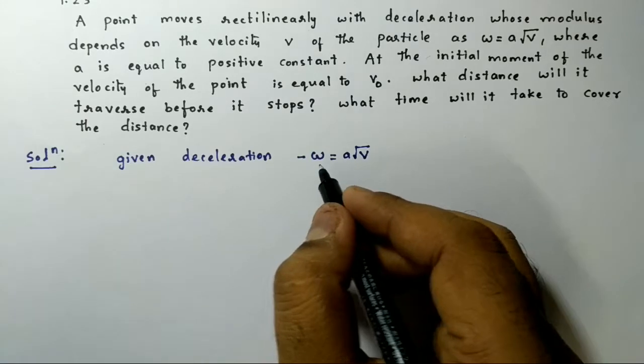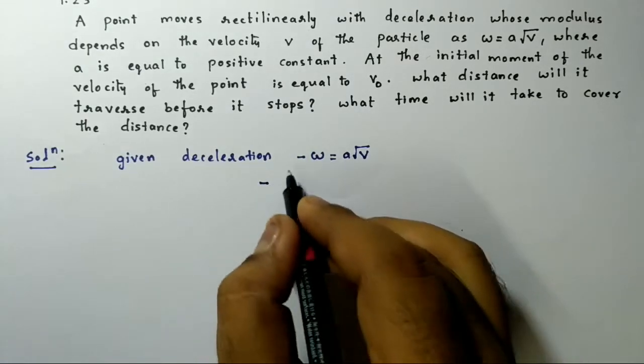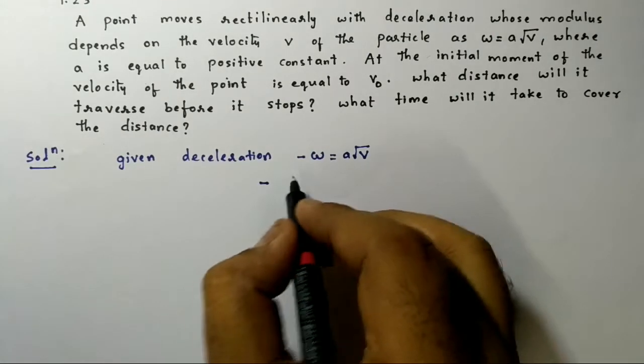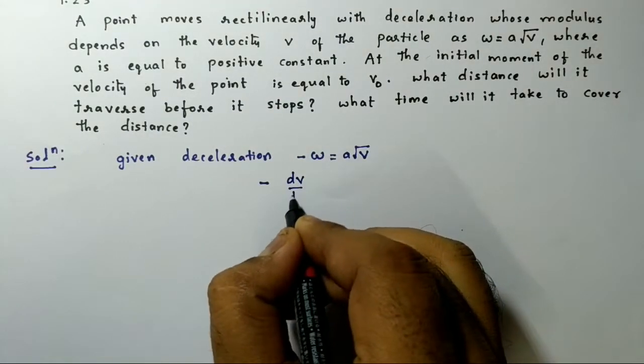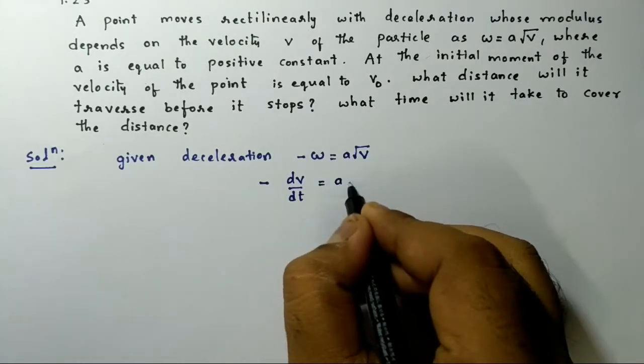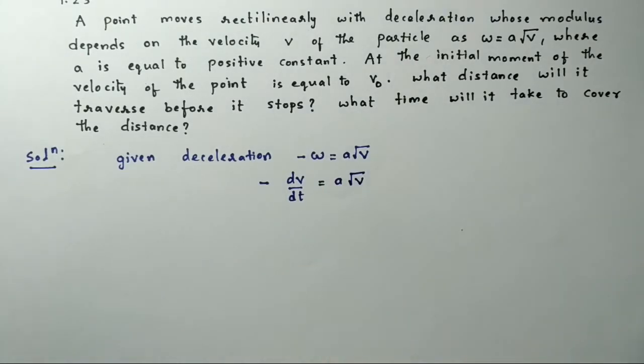We can write deceleration as dv by dt, the rate of change of velocity, equal to a under root of v.